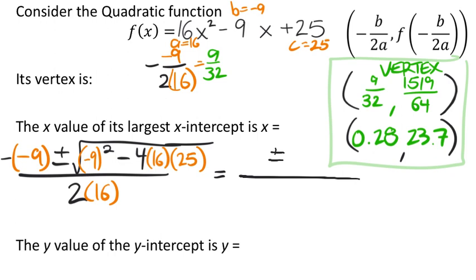Let's evaluate some of this. So we got 9, and then the square root of the discriminant that I got, negative 1,519. And then the denominator, 2 times 16, that's 32. What this means is that that negative is going to have to come out as an imaginary number.